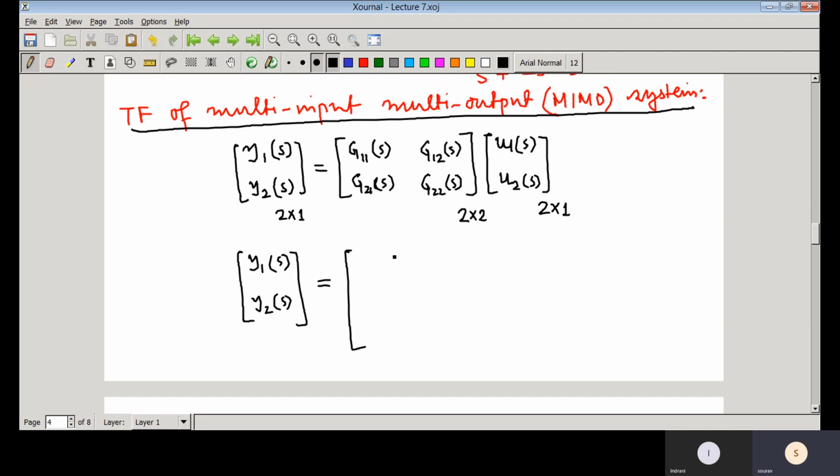Here you can write, suppose, this is s + 1, and this is a constant gain, and this is 1 by (s² + 2s + 3), and here this is (s + 2) by (s² + 5s + 3).